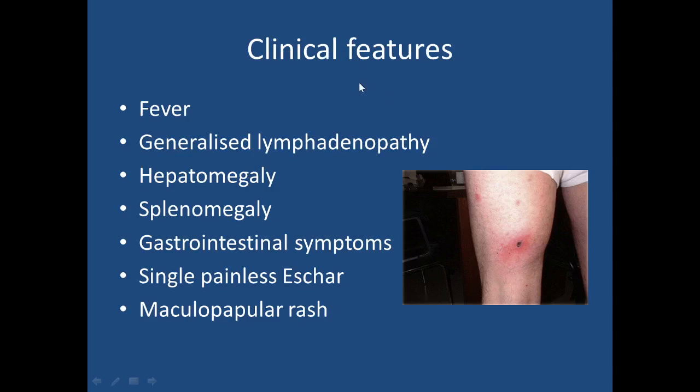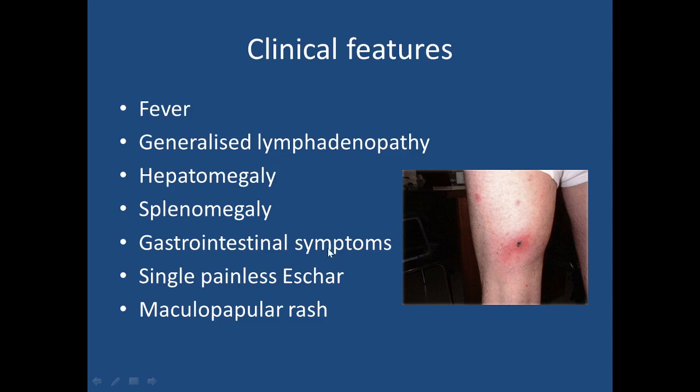Now clinical features of scrub typhus. A more common, non-specific feature is fever. Fever is usually prolonged, around 1 week or more. Another important thing is generalized lymphadenopathy. Patients also present with hepatosplenomegaly, and gastrointestinal symptoms like vomiting or diarrhea can also be found.